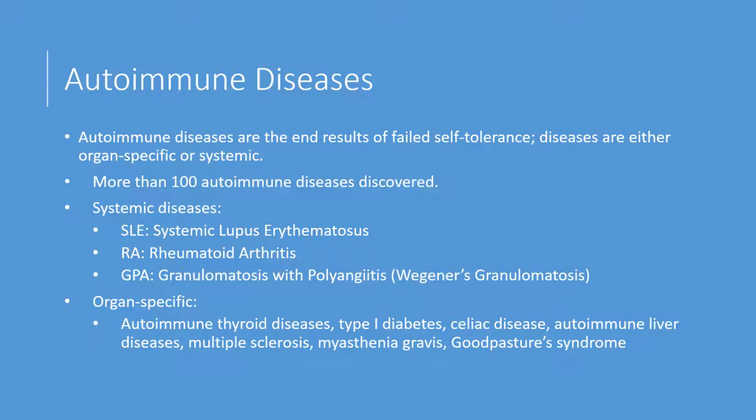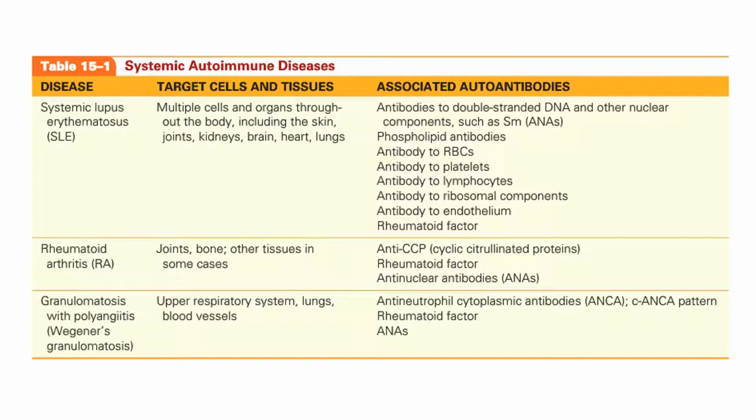You'll see under the organ specific category that because it's organ specific, we tend to study them with regard to the autoantibody specificity that it targets. Here we have a breakdown. You see systemic lupus, rheumatoid arthritis, and glomerulomatosis, and the associated autoantibody with it. This chart will probably make a little bit more sense as we get further into the lecture.